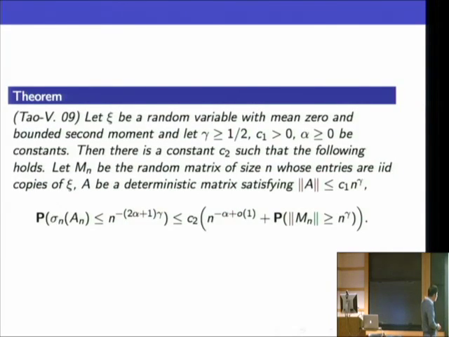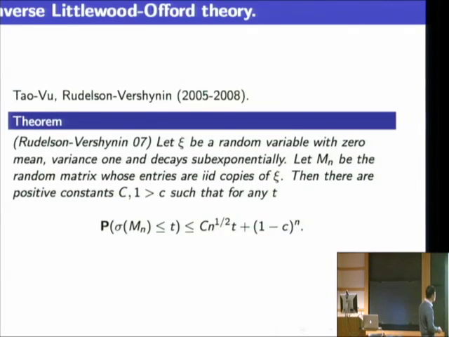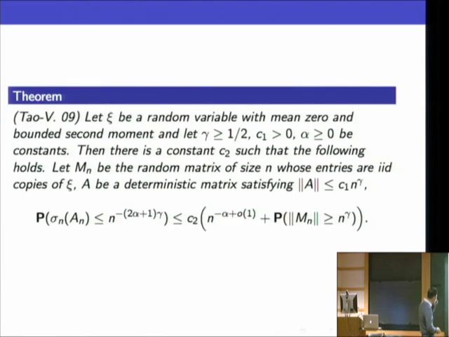So the theorem that Terry and I proved is that it can handle the case when you add A, the Spielman-Teng case. The proof for the previous result doesn't work if you add A to this. So the result when you need to add A to the matrix is something like this.